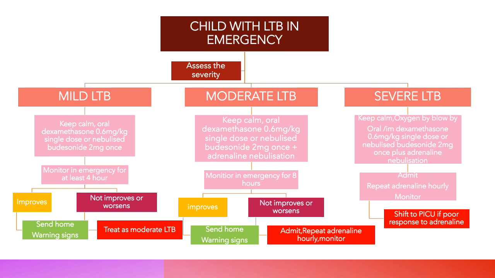After doing all this, the child should be immediately admitted and adrenaline should be repeated hourly, and the child should be continuously monitored. Even after hourly administration of adrenaline, if the response remains poor or the child becomes hypoxic or further worsens, the child should be shifted to PICU for intensive care. So, this is how you should approach a child with laryngotracheobronchitis in emergency.